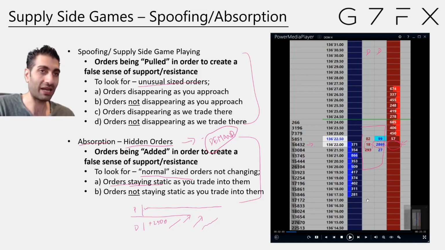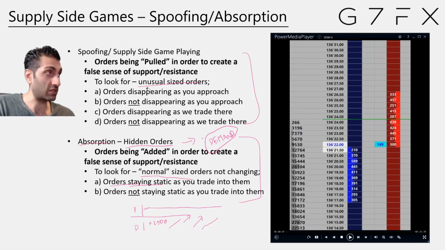So I'm going to play this back for you one more time so we can just see it without me pausing it. I'm just going to clear up some of these markings as well for you. The interesting thing about this stuff, guys, is again, this is exactly what you see on a footprint without having to look at the depth of market.